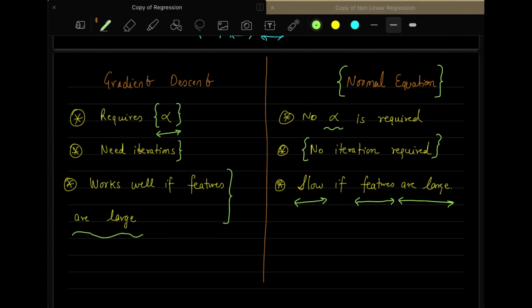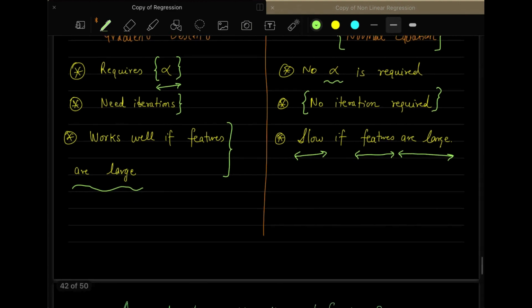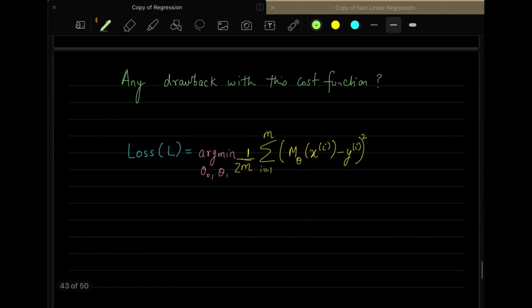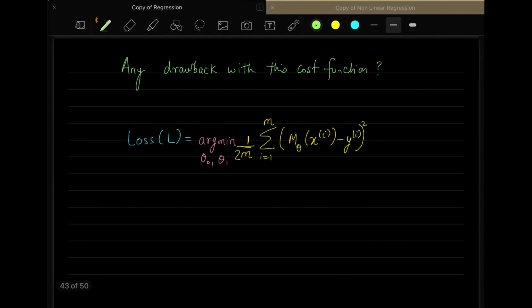So today we will go a bit further into linear regression and see what else we can study apart from the normal way of fitting the line onto the data. The second important thing that I want to discuss is this.